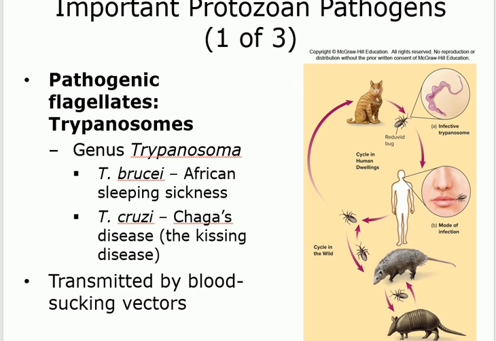Brucei is the one that causes sleeping sickness, African sleeping sickness. The cruzi one is the one that causes Chagas disease. They call it the kissing disease. Obviously, it moves through or infects through kissing. The sleeping sickness, they found it's more in Africa, but it can be in any hot environment.